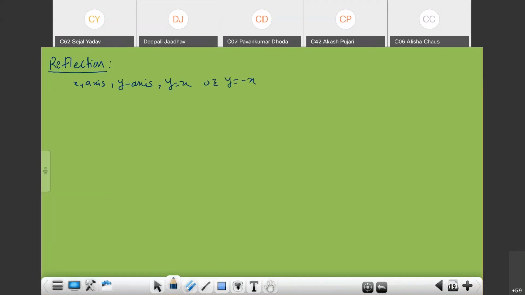Now we are going to see the reflection directly with an example. For that, I draw one triangle.